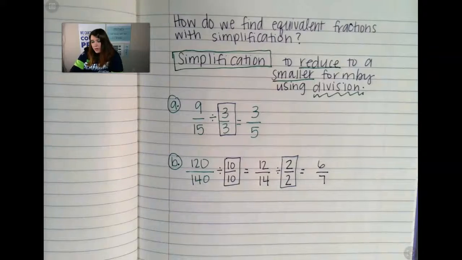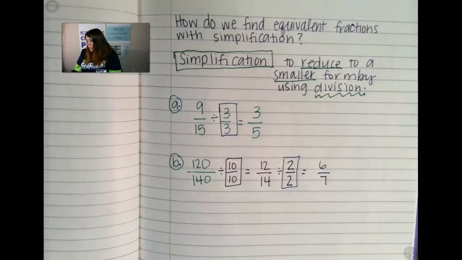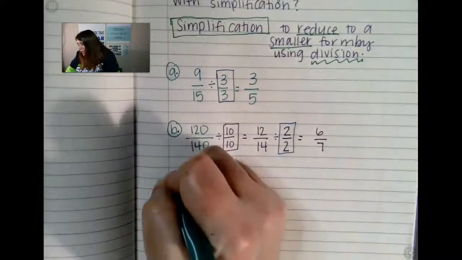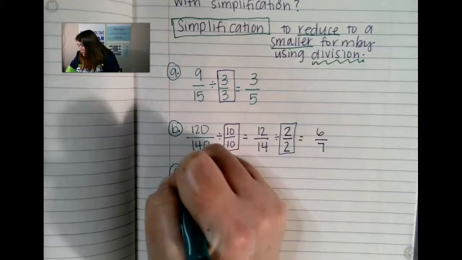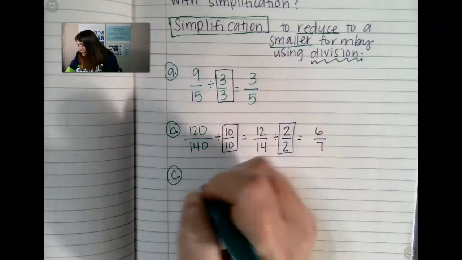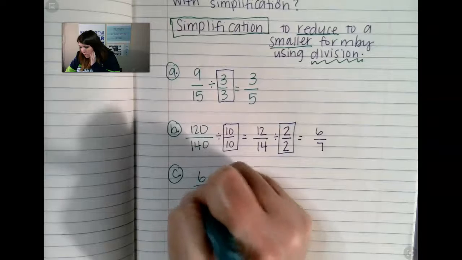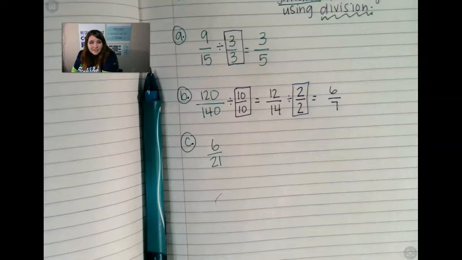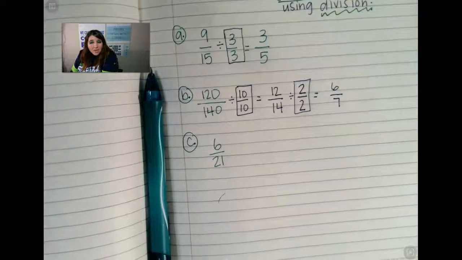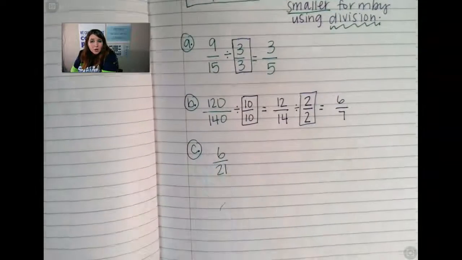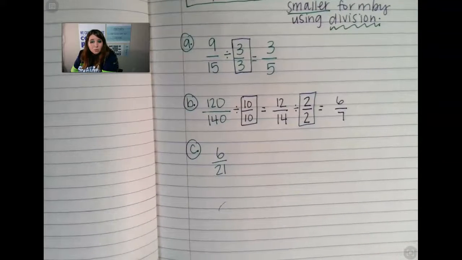Okay, so let's look at something like 6 over 21. We can look at all of the numbers that go into 6 and 21.